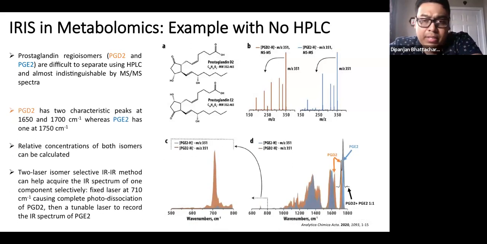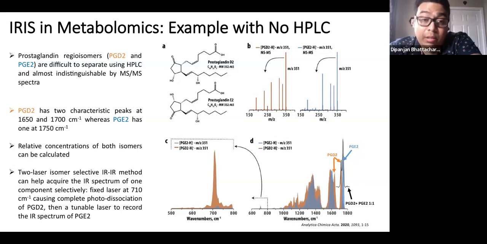So what they did basically is they acquired, let's look at panel D first, I'll come back to panel C a little later, they acquired the IRIS spectrum of both of them. And you can see for E2, you have one peak at 1750 centimeter inverse in blue, whereas D2 has two characteristic peaks at 1650 and 1700 centimeter inverse.